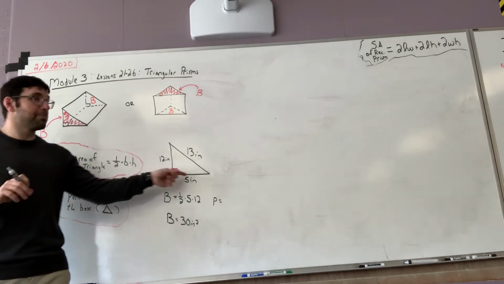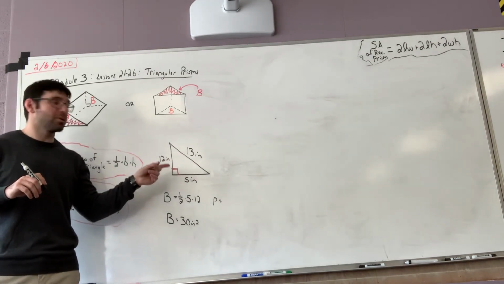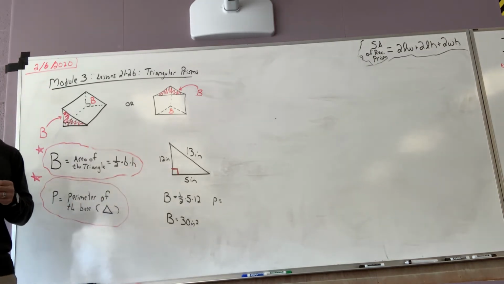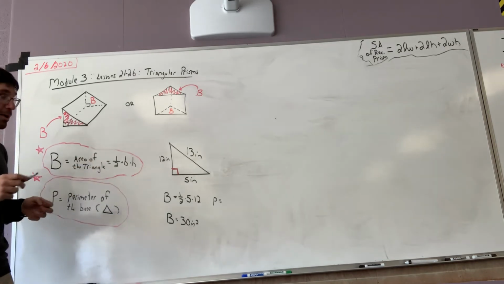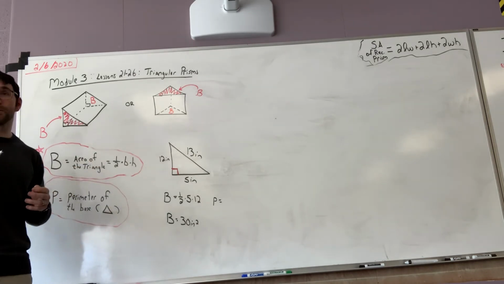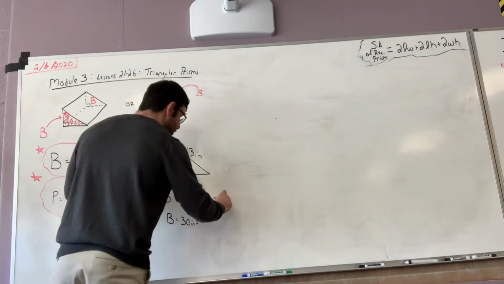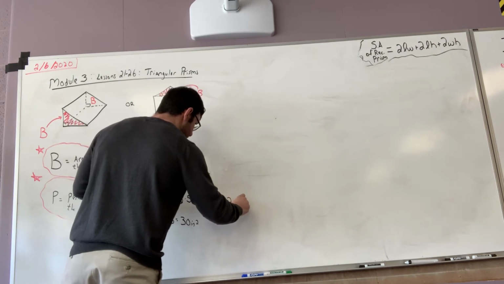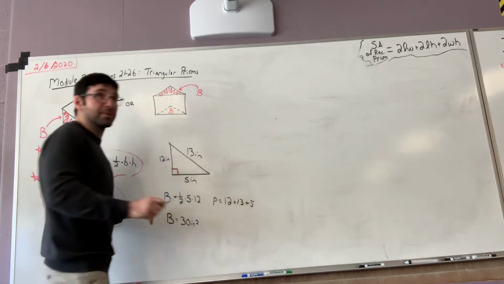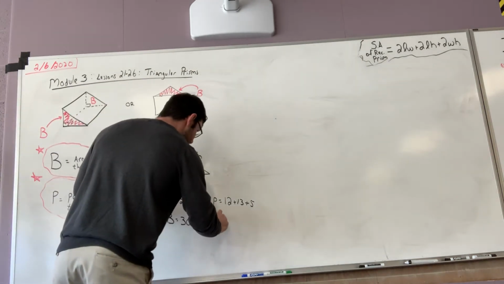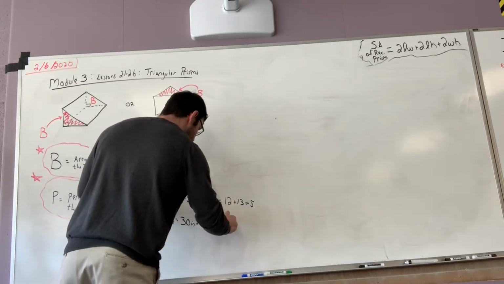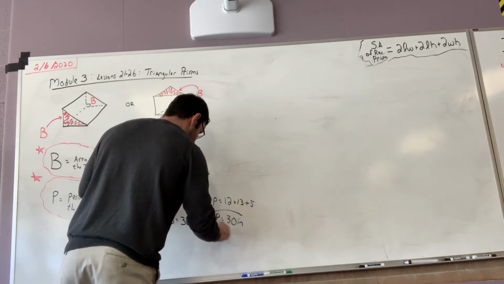Oh, so we're going to add up all of the numbers on the outside edges. So tell me, how am I going to find the perimeter? 12 plus 13 plus 5. Because perimeter is the outside edge of a figure. So that's 25 plus 5. Oh, it also gives me 30 inches.